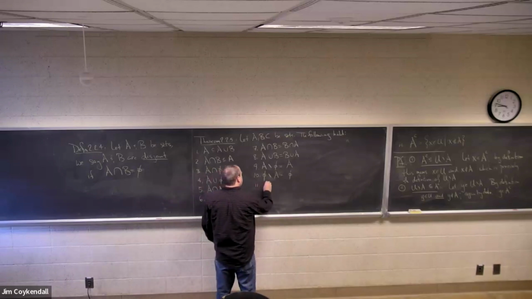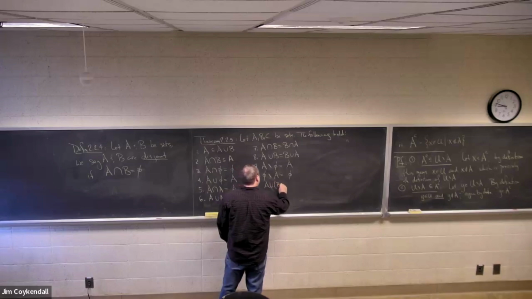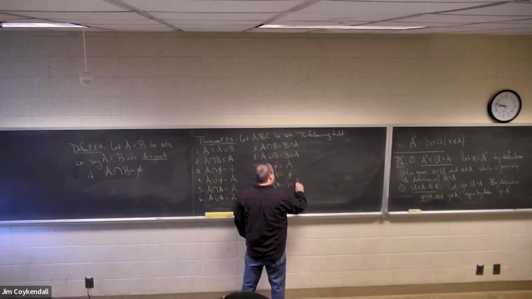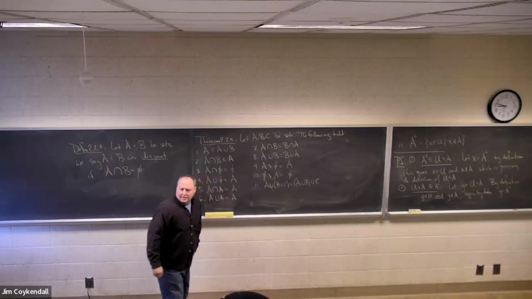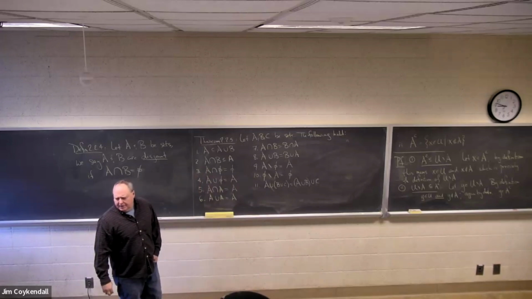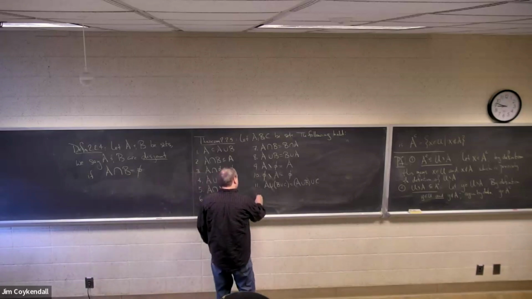You have associativity of unions. A union B union C is equal to A union B union C. You also get associativity of intersections.